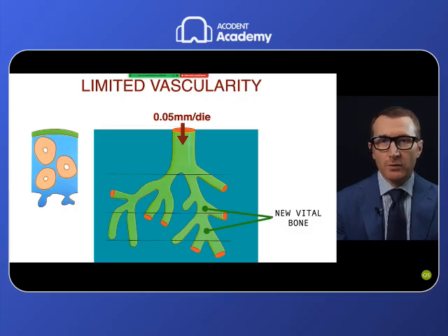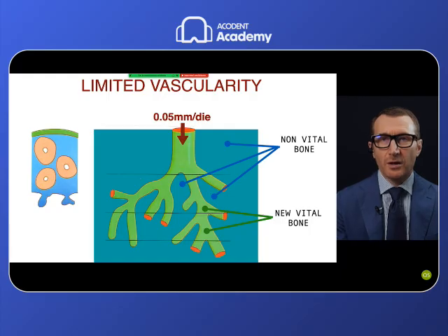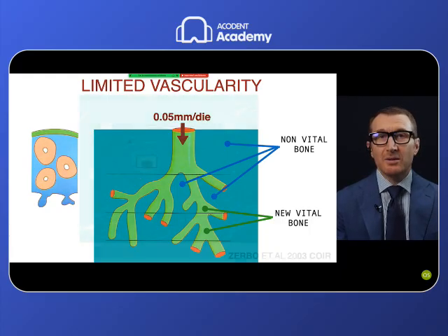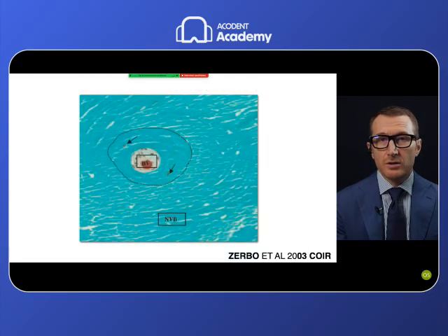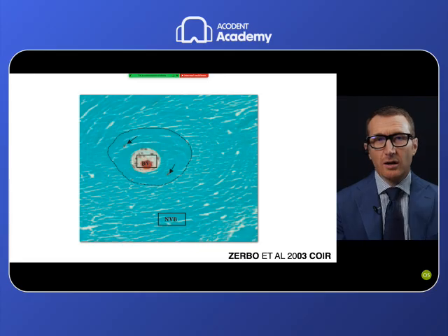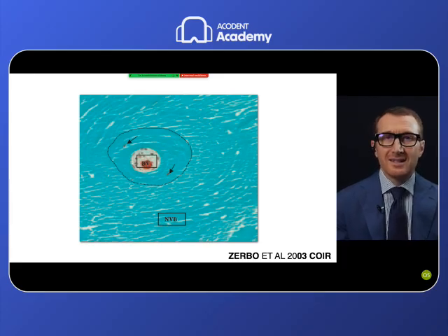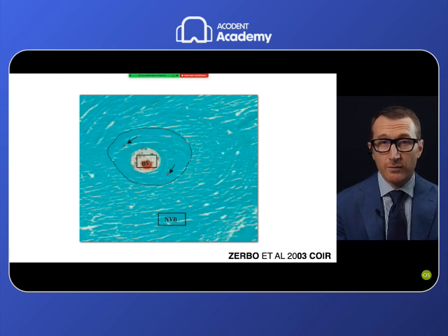So we have new bone formation, but the rest of the block is non-vital bone. And indeed, if we look back to the histology of the paper by Zerbo, you see a section of these tunnels. You see the dotted circle, that is the tunnel opened by the osteoclastic activity, which is at the end the osteon formation.